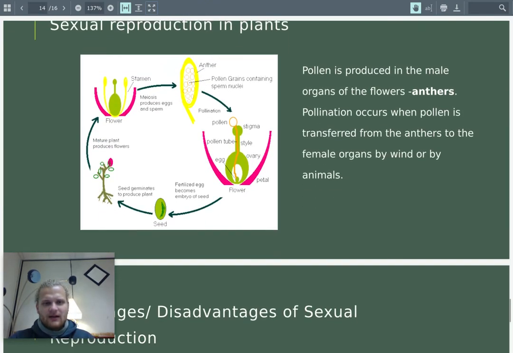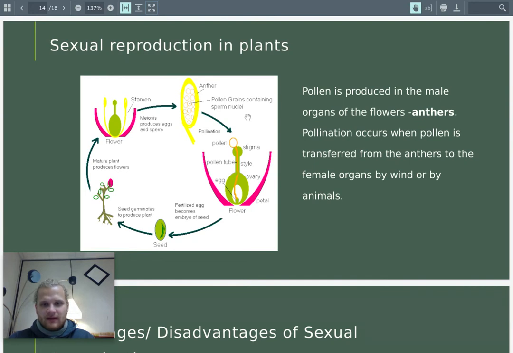Sexual reproduction in plants, they do the same process. They're going to get sperm and egg, but they just have different parts than mammals do. Plants have anthers, which are the male organs.